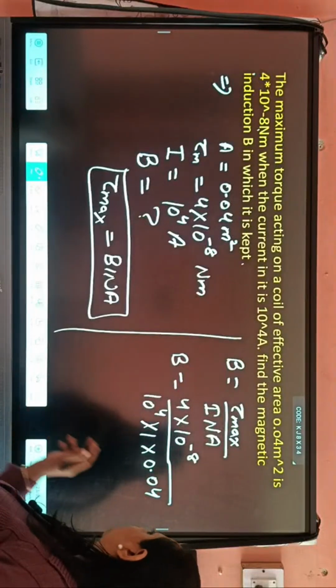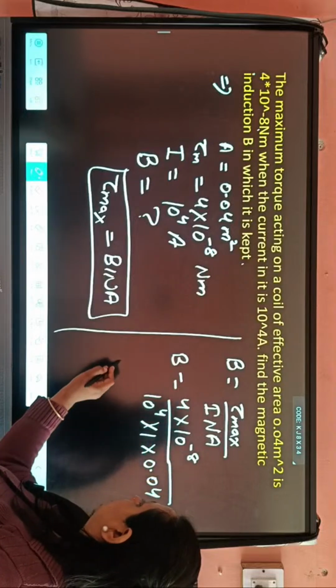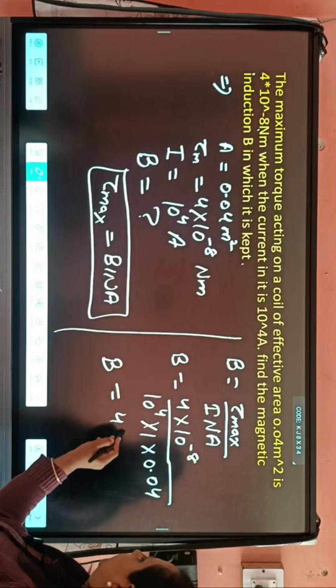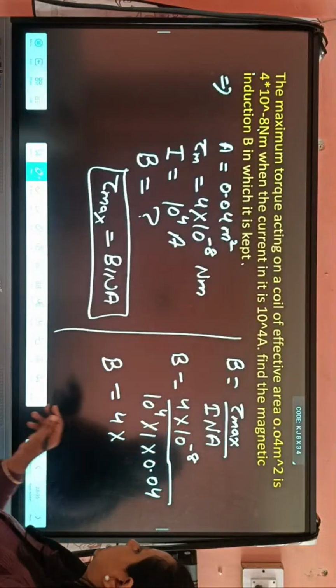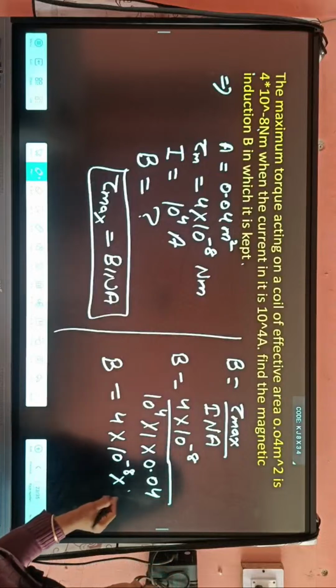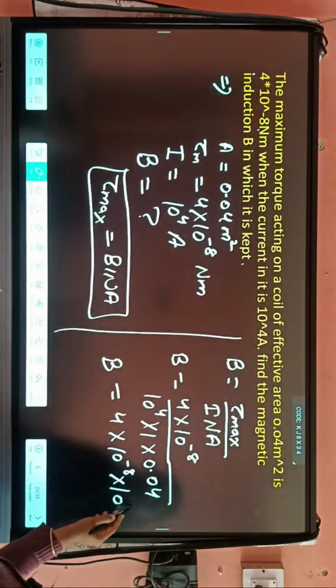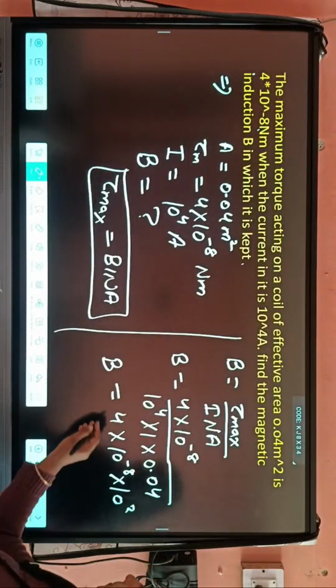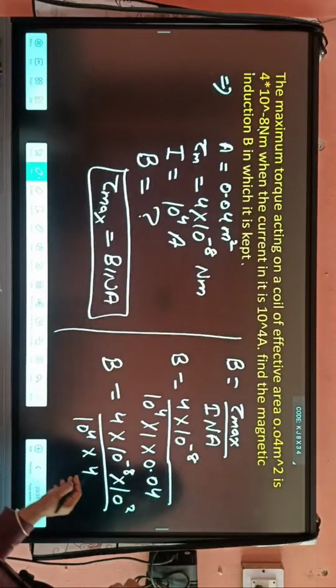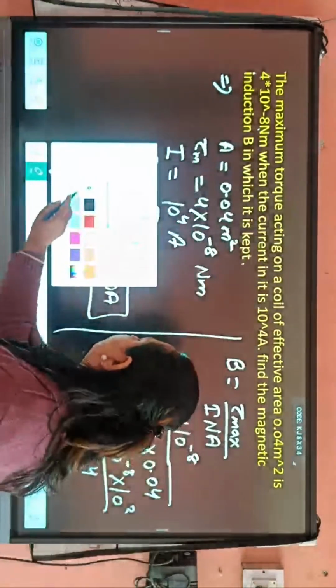After removing the decimal, the power goes up by 2, so it will be 4 into 10 raised to the power minus 2, and this 4 will cancel out with the 4.